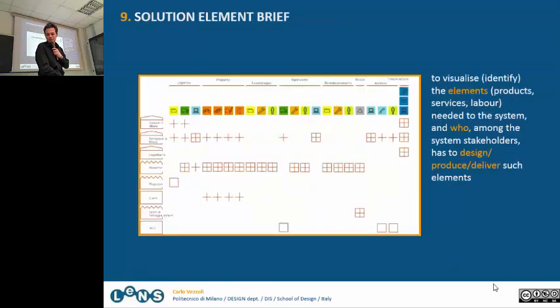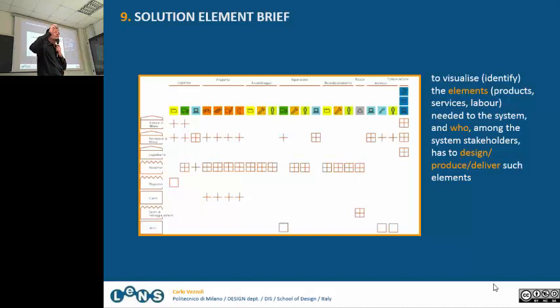Then the solution element brief. We're not going to use this. But it identifies when we have all the different stakeholders being part of the provider, or the user could be part of it.